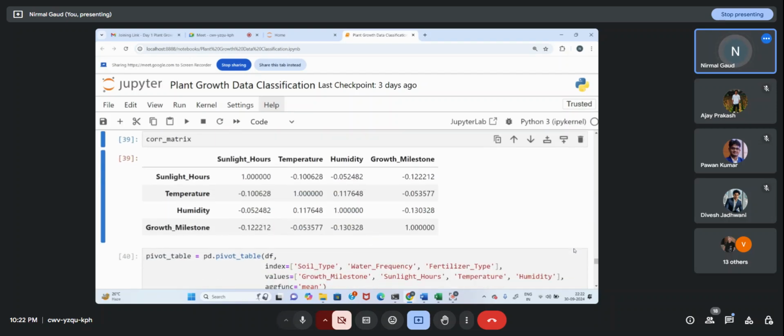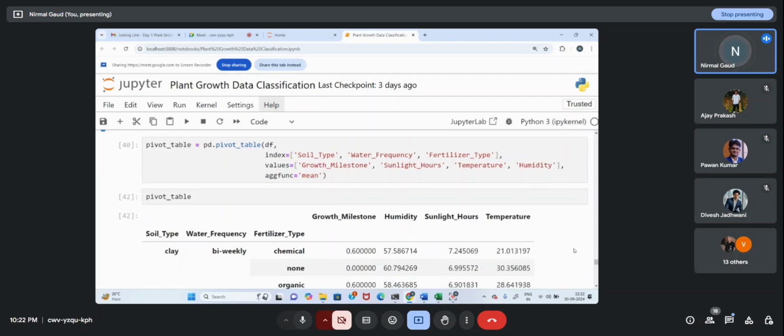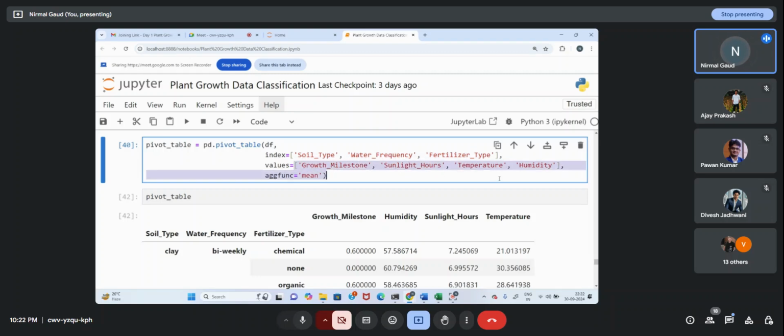And after getting the correlation, I am looking forward to the pivot table. That means I took soil, water, fertilizer on the index, and these values here, and I'm taking the mean of them.